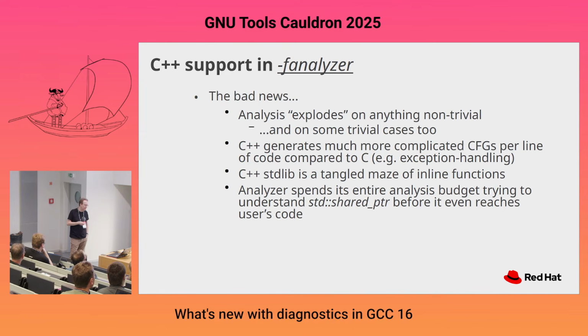Looking at it, I have a trivial example where I have a #include <memory>, and let's make a std::shared_ptr using the default constructor, which is implicitly null, and then try and dereference it. The analyzer basically spins, spending its entire analysis budget trying to grok the very complicated standard library: this function in the libstdc++ standard library calls this other function, which calls this, which calls that.